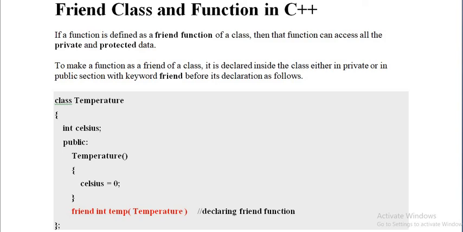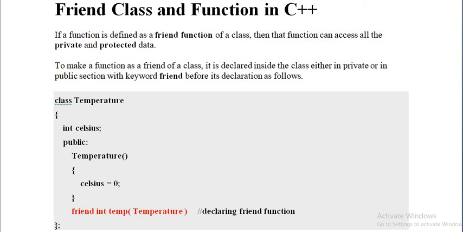Look at the simple example here. What is the class name? The class name is Temperature. We have a data member Celsius, which is private, and we have a constructor, and we have a friend function declaration, a function preceded by the keyword friend. And look at the declaration.